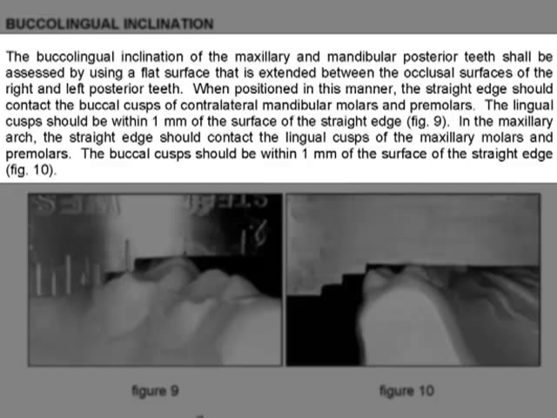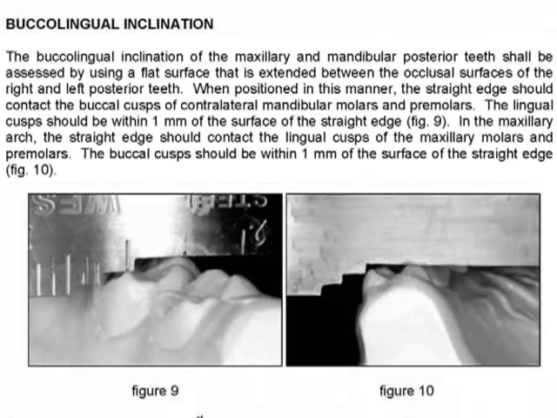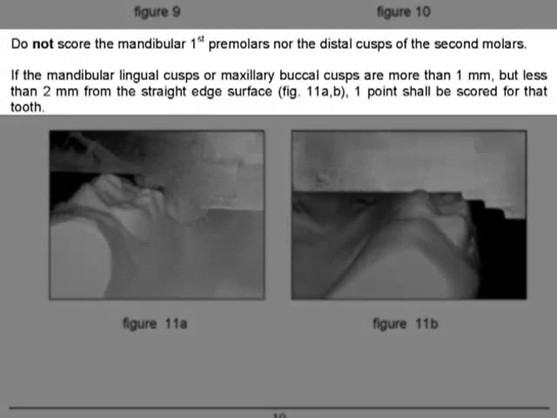In the maxillary arch, the straight edge should contact the lingual cusps of the maxillary molars and premolars, and then the buccal cusps should be within 1 millimeter of the surface of the straight edge. Do not score the mandibular first premolars, nor the distal cusps of the second molars.